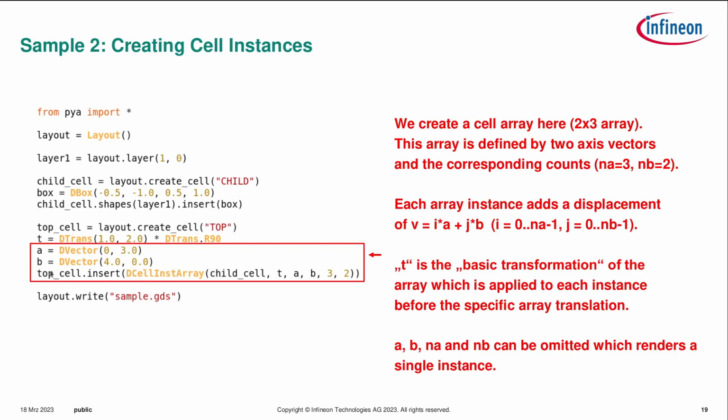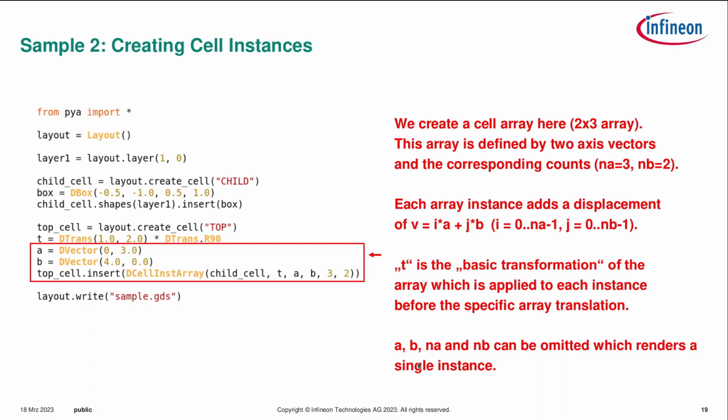And finally, I insert this instance array into the top cell. So this time it's not a shape, it is an instance, which means it will place the child cell inside the top cell. And the result is the one we have seen.